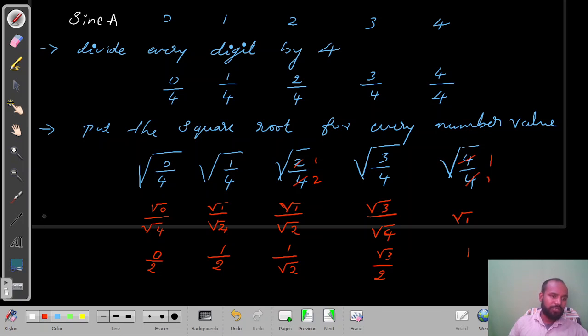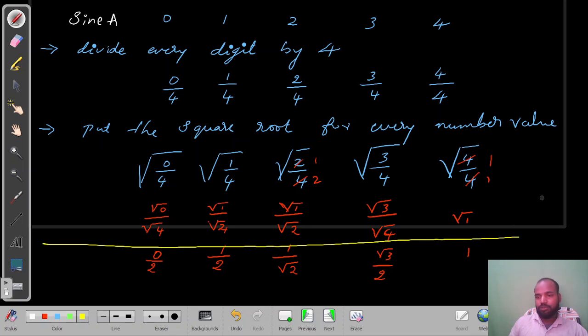Are you observing what I am doing here? If you don't know the values I am writing here: root 0 is 0, root 1 is 1, root 4 is 2. These are the values.